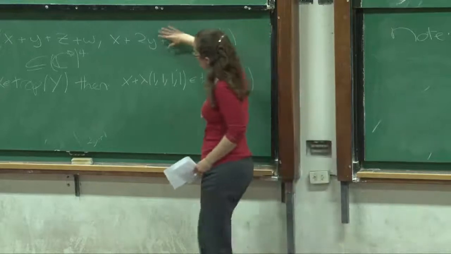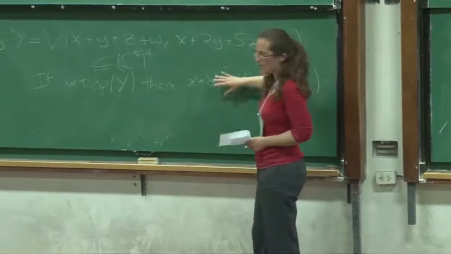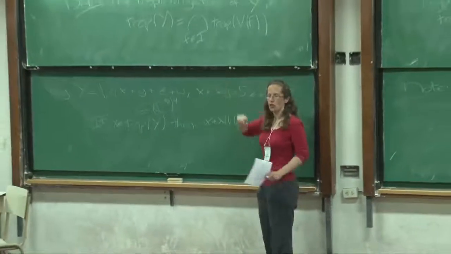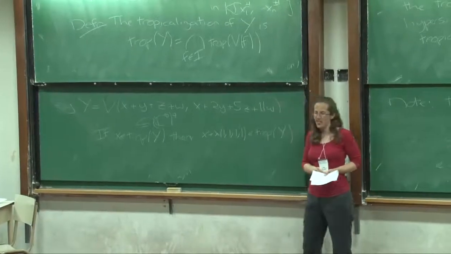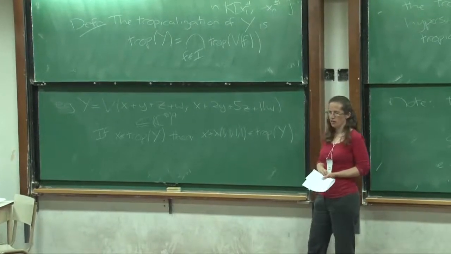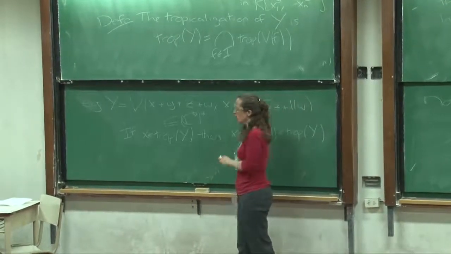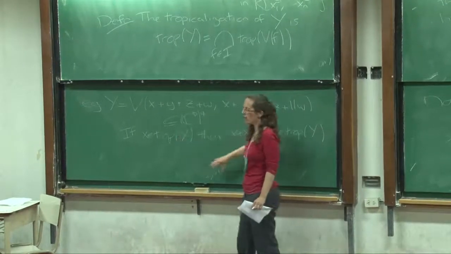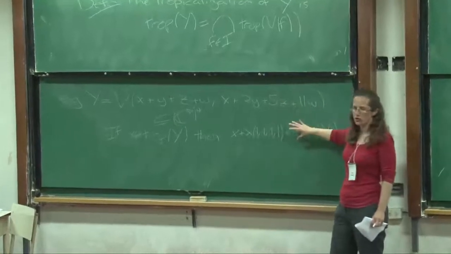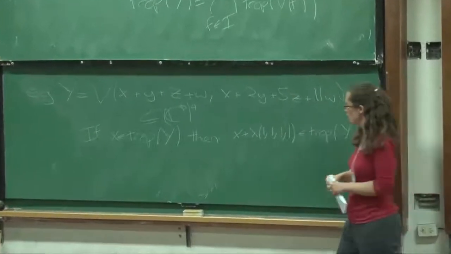So if I have this property, then I can just add the all ones vector, any multiple, and stay in my tropical variety. This means that I may as well draw the picture in R to the fourth mod the all ones vector.